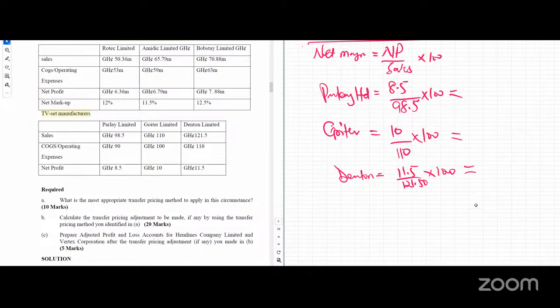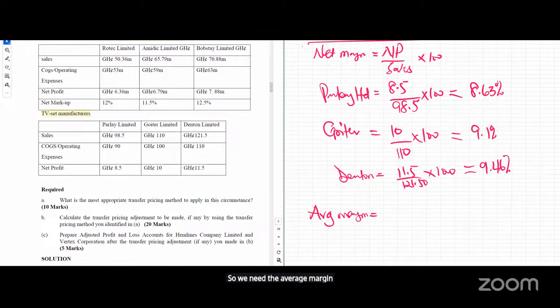For Pale, you get 8.63%. For Goita, you get 9.1. Then for Denton, you get 9.46. So we need the average margin.